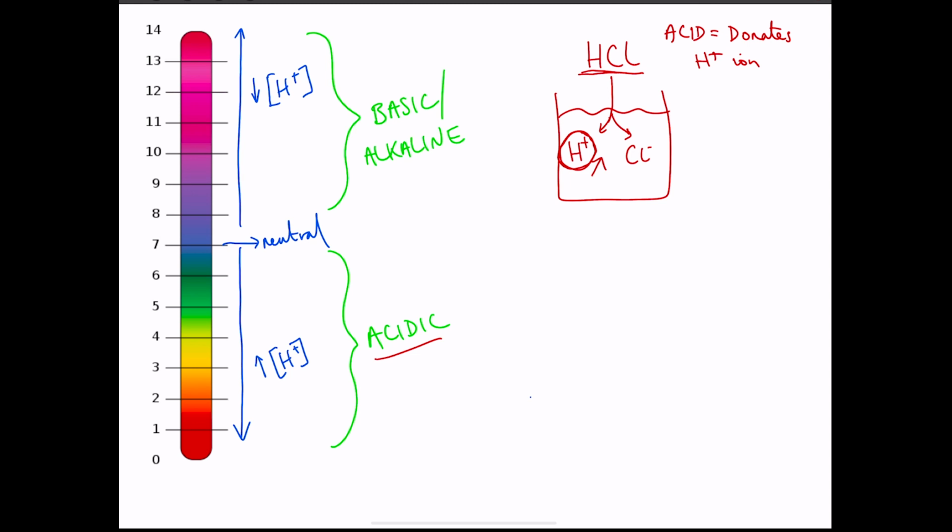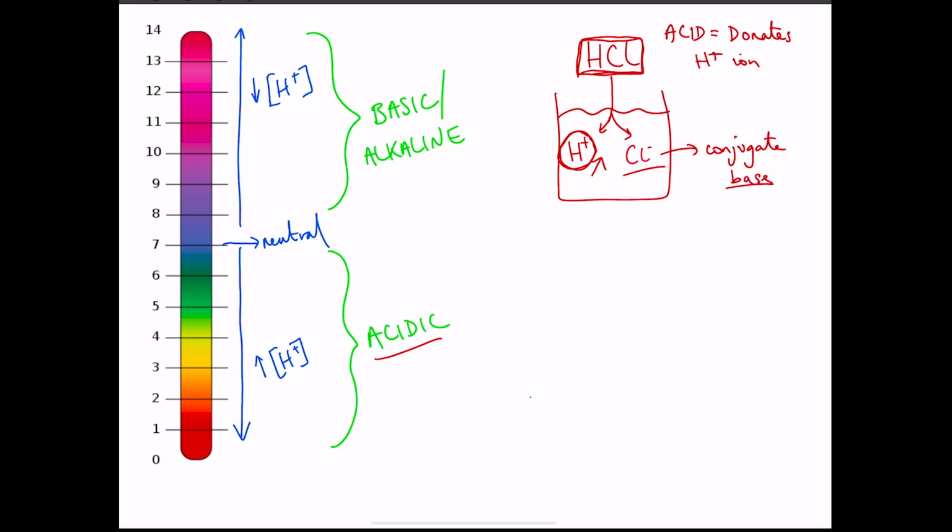If it's bound up as hydrogen chloride, like this, it's not going to change the pH. It has to be freed to change the pH. Now, the thing that happens once an acid, like hydrochloric acid, donates the hydrogen ions is you're left with the chloride. And this is what we call a conjugate base. You're left with a conjugate base.